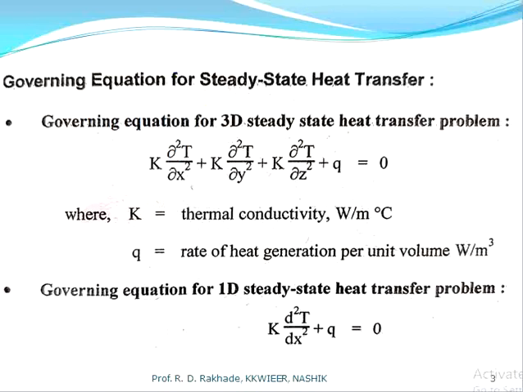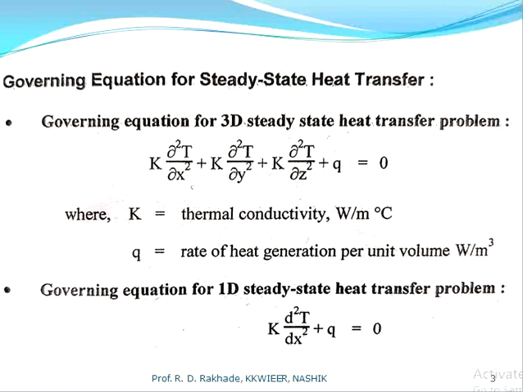So let's summarize some governing equations before starting our actual problem. Governing equation for steady state heat transfer, that is for 3D steady state heat transfer problem. K is nothing but thermal conductivity, T temperature variation, and X, Y, Z are the directions.